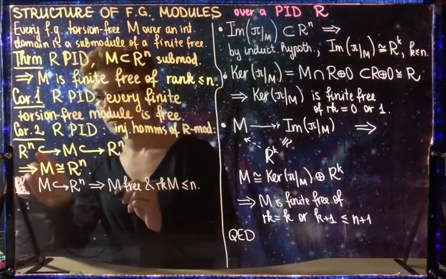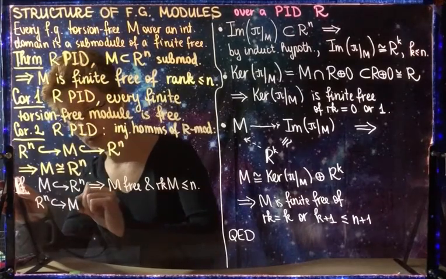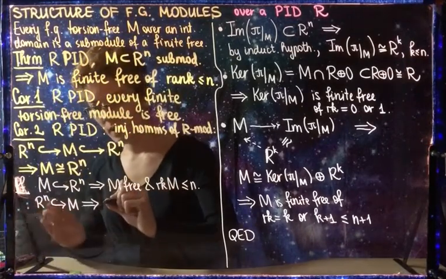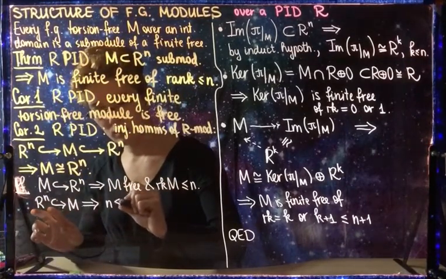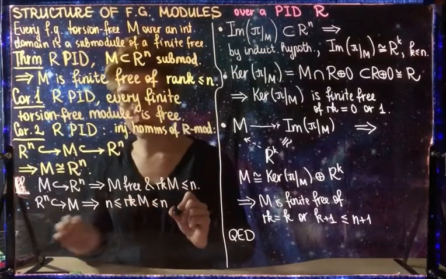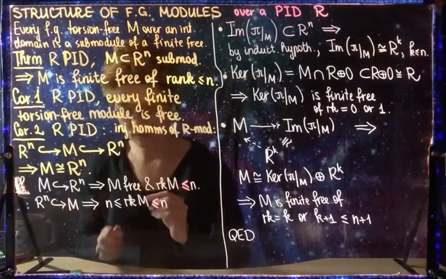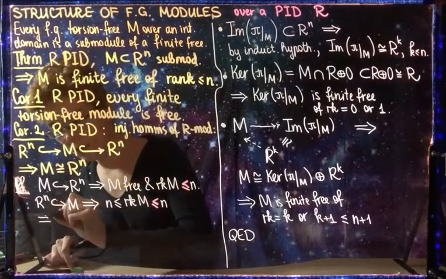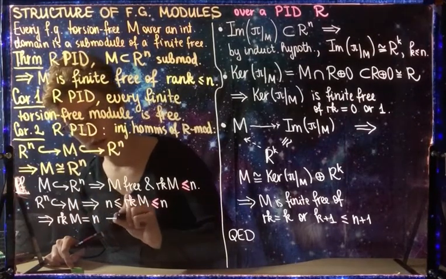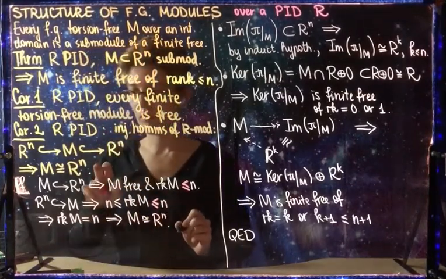And now, using the first inclusion, we get that R^n is a submodule of a finite free module M. So by this theorem, the rank of R^n is at most rank of M, which was at most n by this inequality. And so we conclude that the rank of M is equal to n, which means that M is isomorphic to R^n. This is what we claimed.